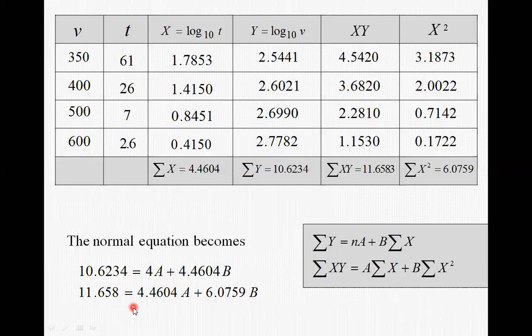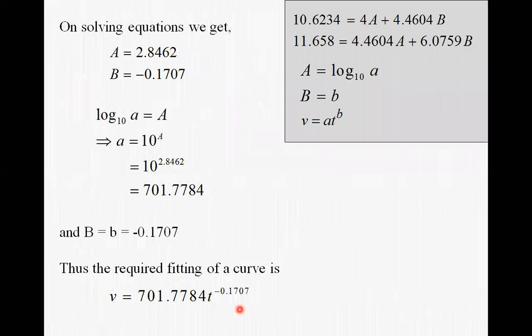The normal equations become 10.6234 equals 4A plus 4.4604 into capital B, and 11.658 equals 4.4604 into capital A plus 6.0759 into capital B. On solving the equations, we get capital A equals 2.8462, capital B equals minus 0.1707. But capital A equals log a to the base 10.